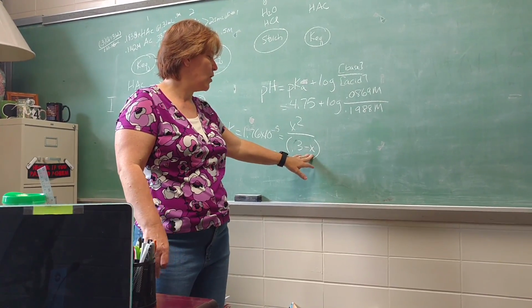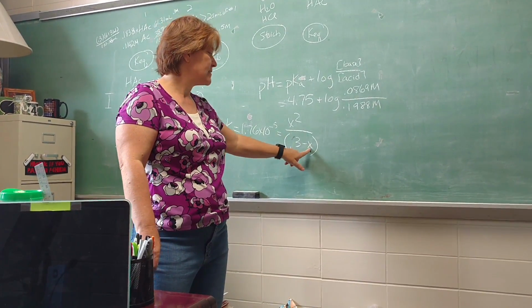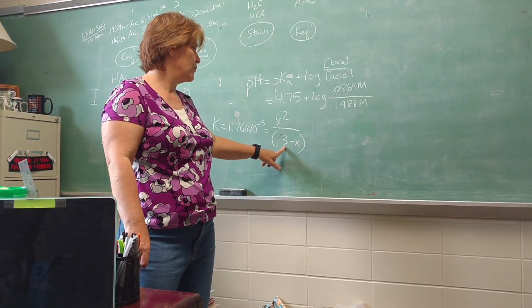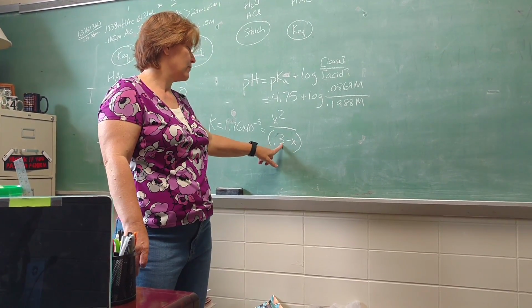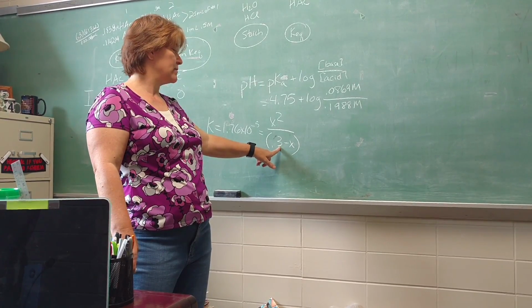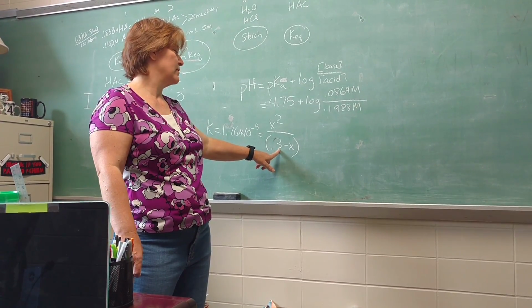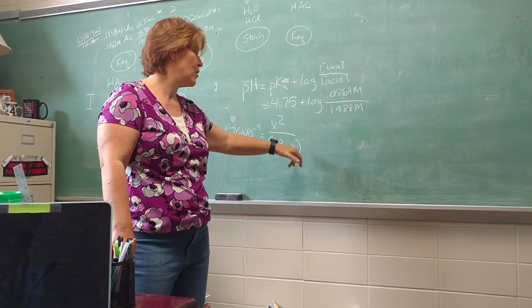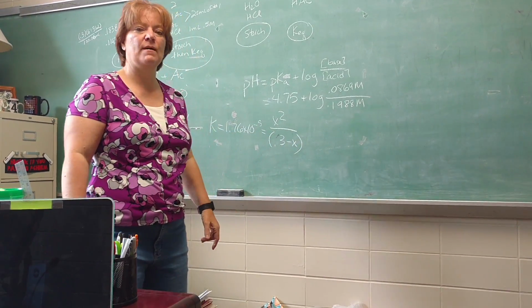So if x is small, and the rule is 5%, if x is less than 5% of 0.3, 3 times 5 would be 1.5, so it has to be less than 0.015, if I did the math right in my head.